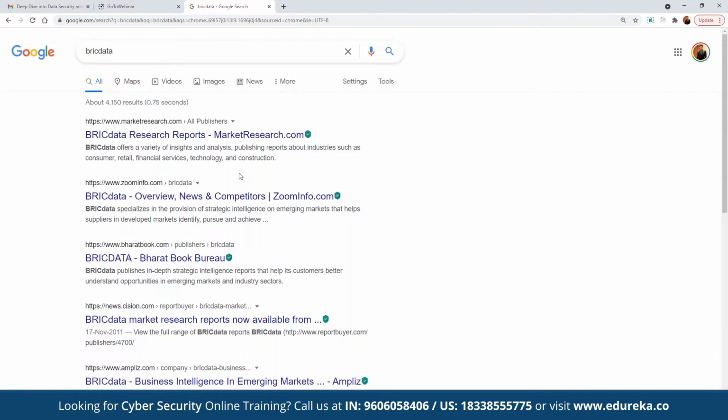We can use it for advanced IPS and IDS protections, for launching threat hunts, and for making sure that any kind of network anomalies are being resolved. As part of Brick Data, now known as Databricks. Then we have AlertLogic.